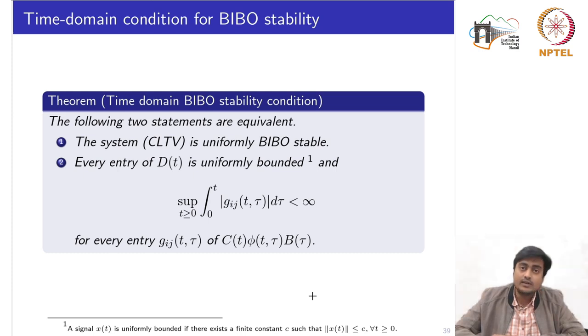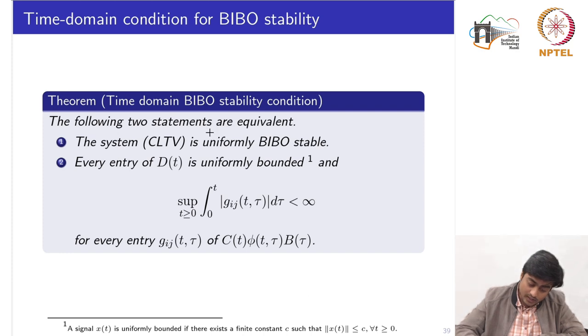So this is the key result for bounded input bounded output stability for the LTV systems. These two following statements are equivalent. First, the system is uniformly BIBO stable. Second, every entry of the matrix D of T is uniformly bounded, and the supremum over T greater than or equal to 0 of the integral of this integrand is less than infinity for every entry Gij of T comma tau of this matrix.